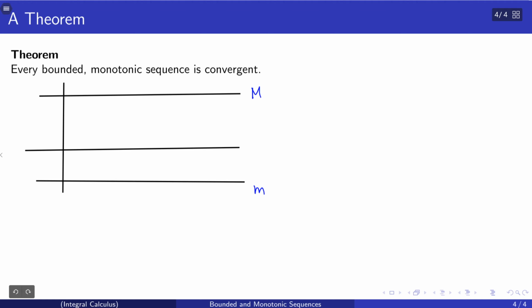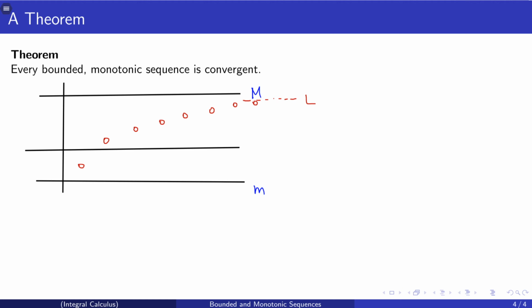So it's either increasing or decreasing throughout. So let's assume it's increasing for now. Then the terms of your sequence have to increase, but since it's bounded above, it's going to have nowhere to go, right? It's going to have to approach a limit.